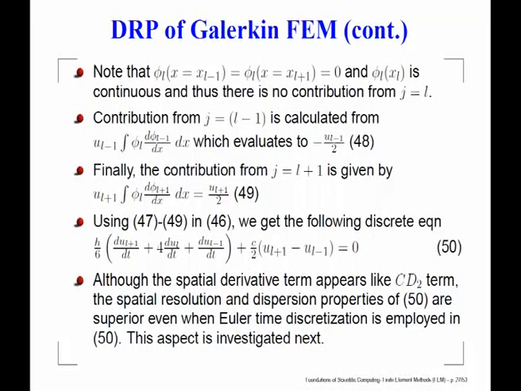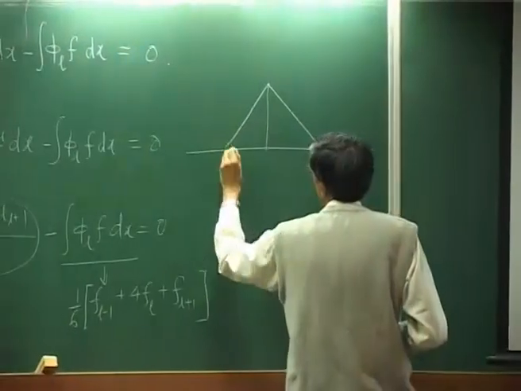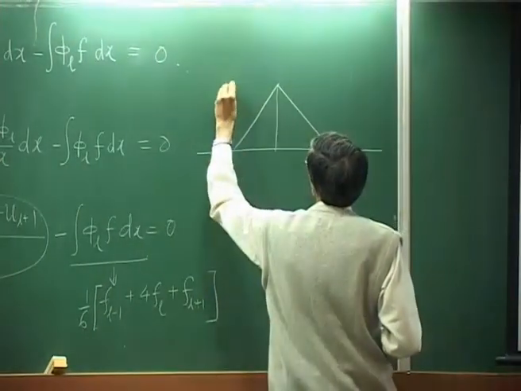Okay. Next, look at the interaction of the Lth node with the left node by taking j equal to L minus 1, and we can perform this integral because we know what this derivative is. Suppose we are looking at say the Lth node. So, this Lth node is this, and L minus 1 is this.